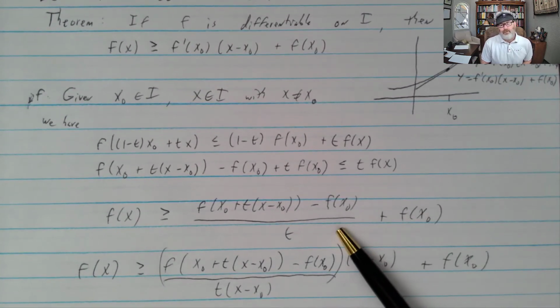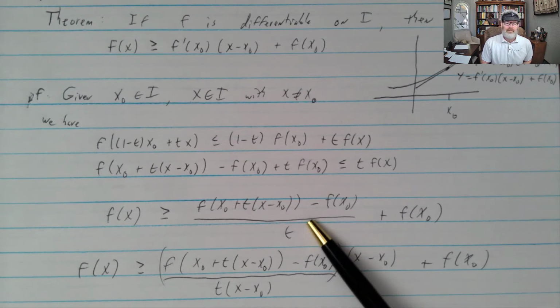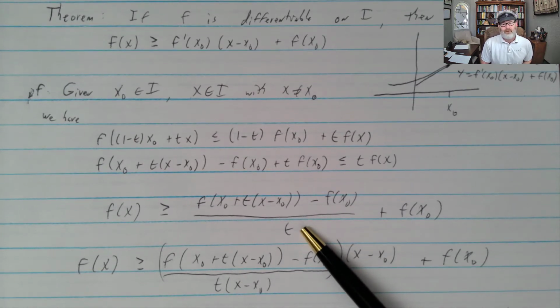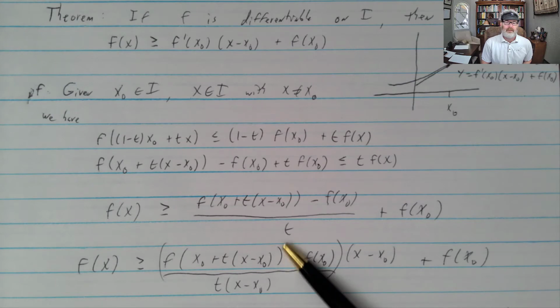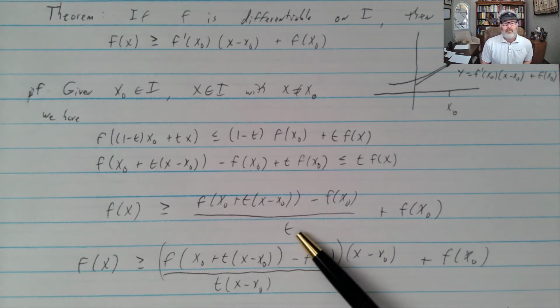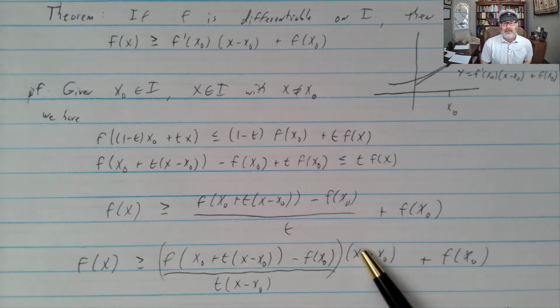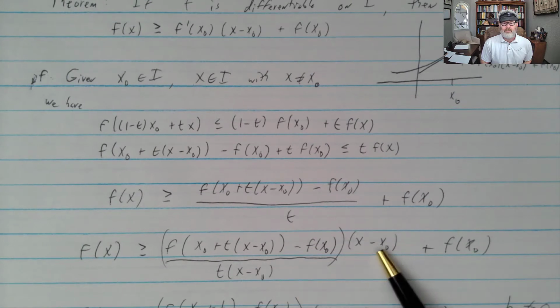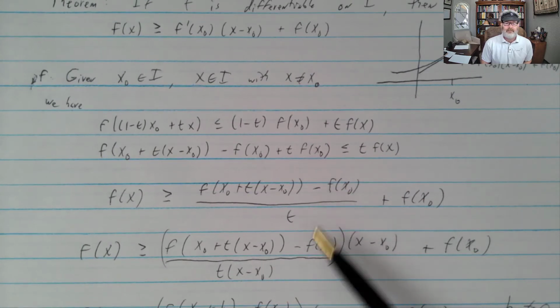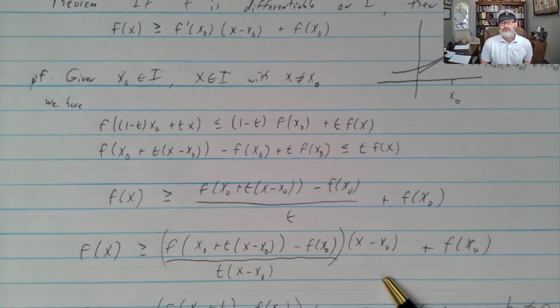And you could use L'Hopital's rule. I'm going to take the limit as t goes to 0, but I decided to do it a different way to get f prime in here. I multiplied and divided by x minus x₀. Obviously this is the same as that. But now I'm going to call t times x minus x₀, which is not 0, h.